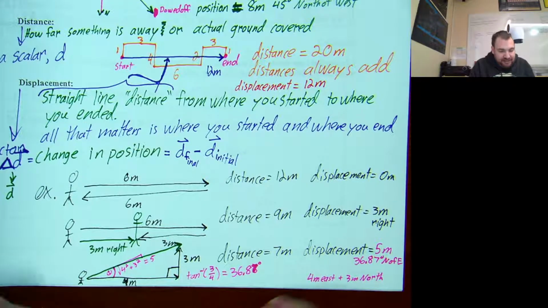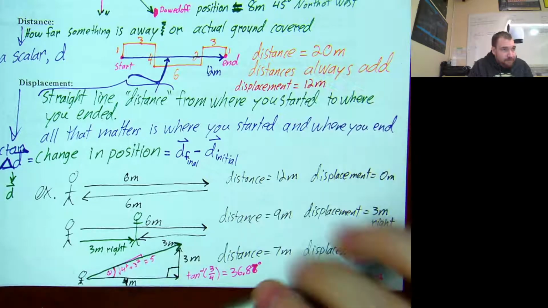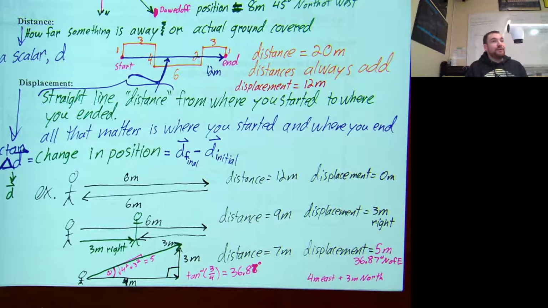Because I started at east and I went up. That's the other way that you can quote these vectors. Now, the vast majority of what we do in this course is not going to make you do things like that at weird angles. A lot of that's going to get introduced in Physics 12, assuming you take Physics 12.